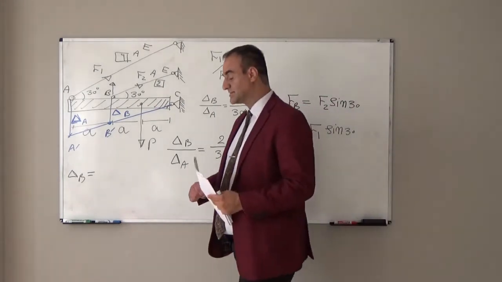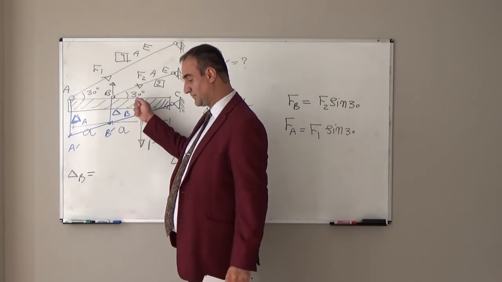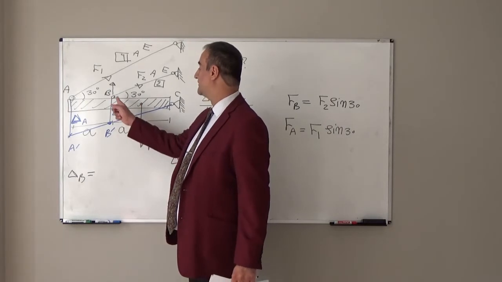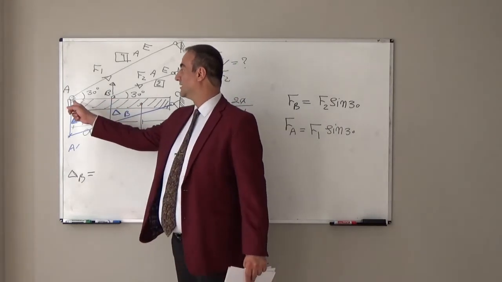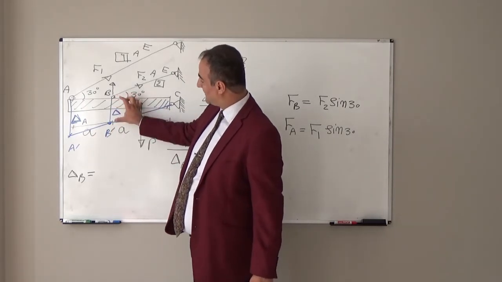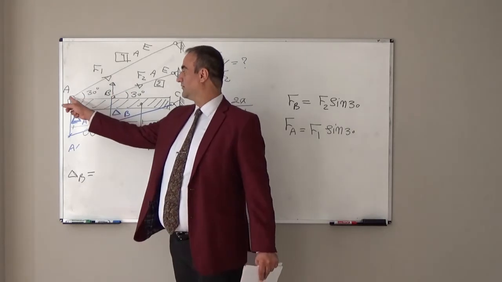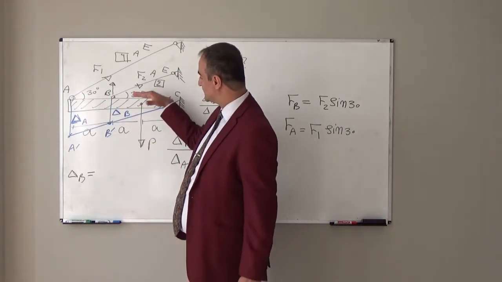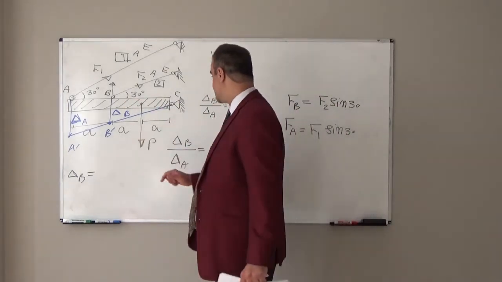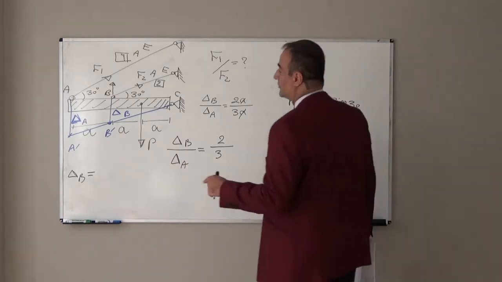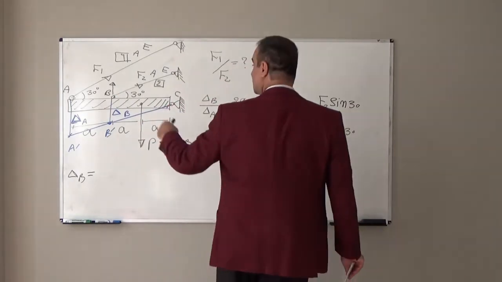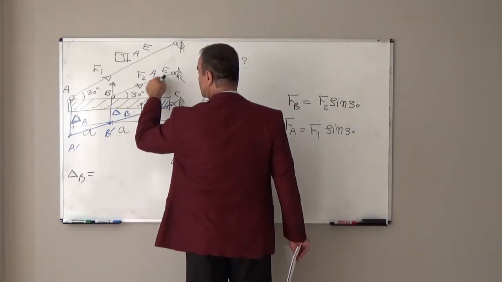So, if I apply external force P here, I'm pulling down, that external load will apply load at point B and point A. Because of that load, we will have deformation at point B and deformation at point A, and this rigid beam will rotate with respect to point C. That external load at point B will be F2 sine 30 if I assume internal force here is F2.